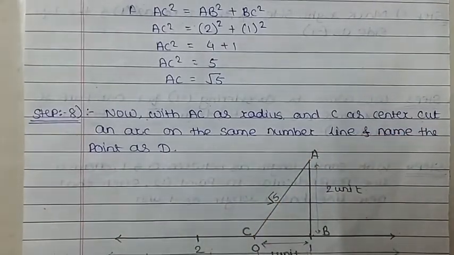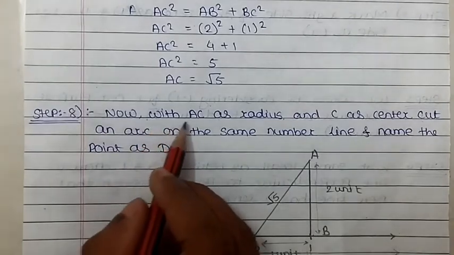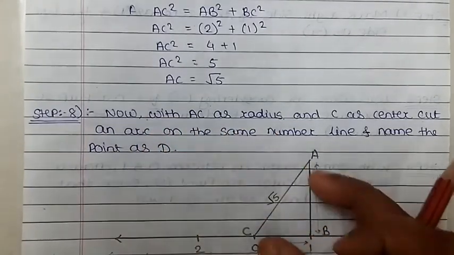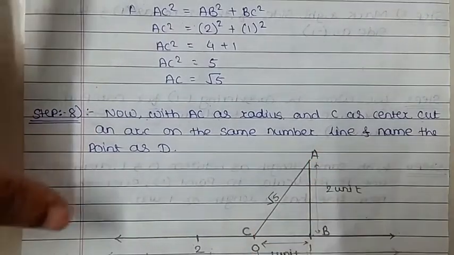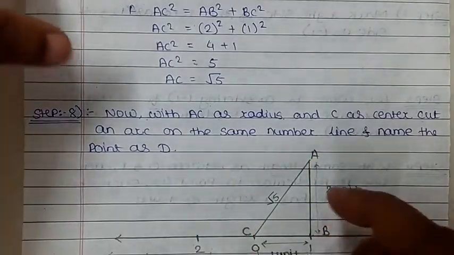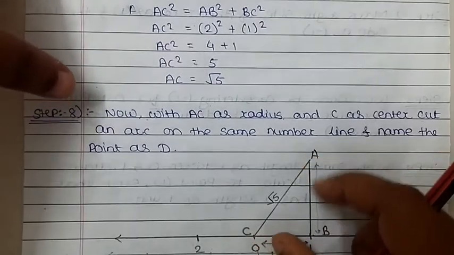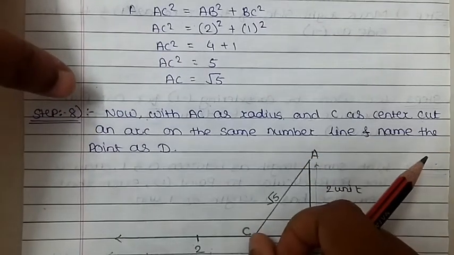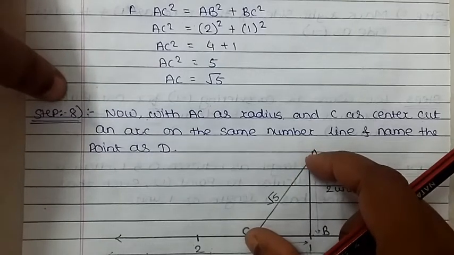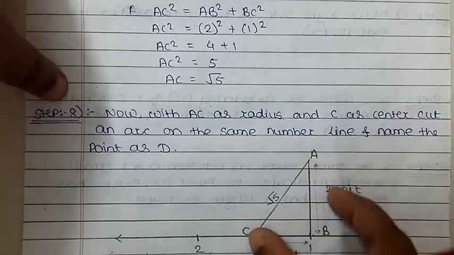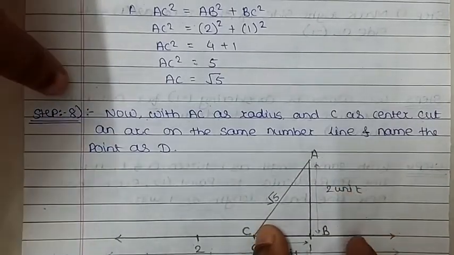Now in step number 8, we say AC as the radius and C as the center. So take the measurement in your compass, put one knob of your compass on C and the pencil knob on your point A, and then draw one arc which cuts the number line here.